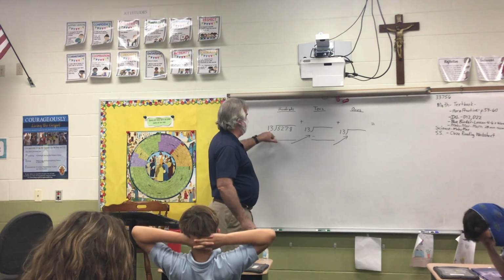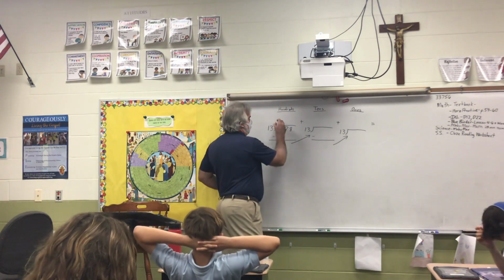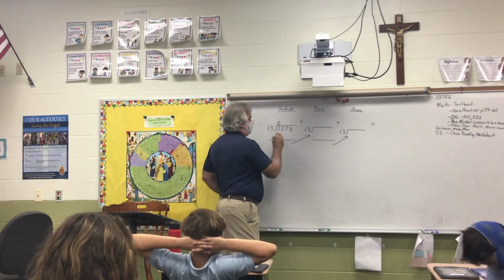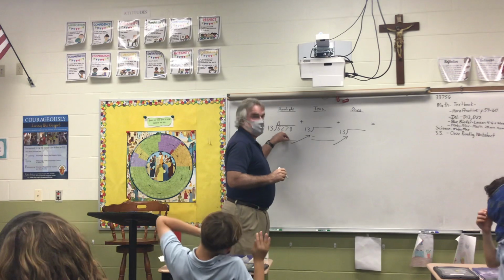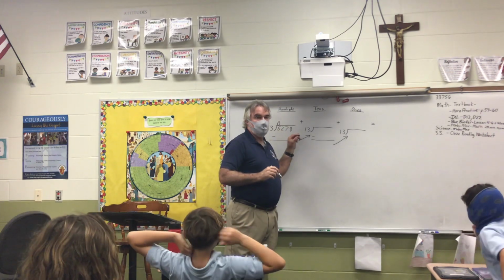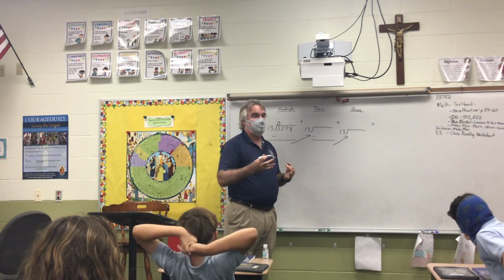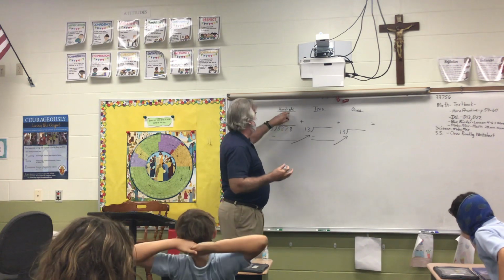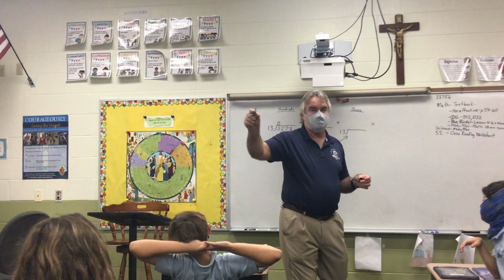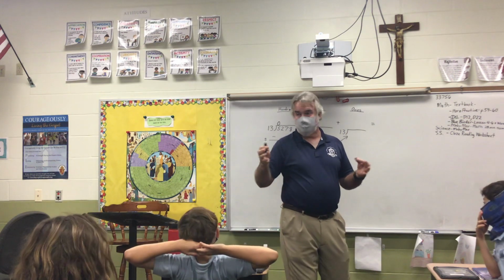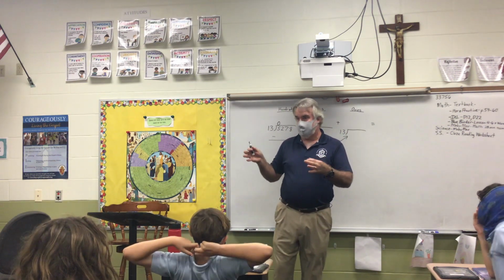I know that 13 doesn't go into 5, but I know 13 goes into 52. So I'm going to start with the 100 spot. That's where I'm starting at, okay? So I know that with the hundreds, I'm going to have 3 digits in my answer. Does everyone understand that? Okay?